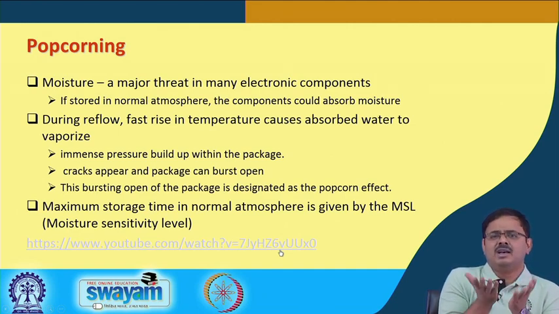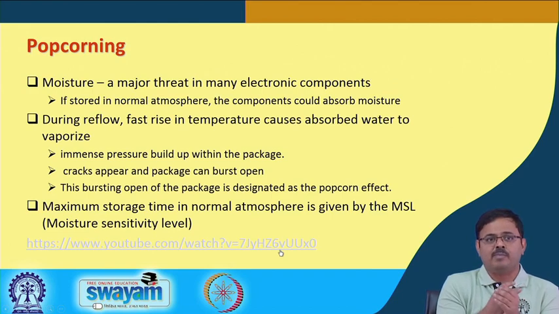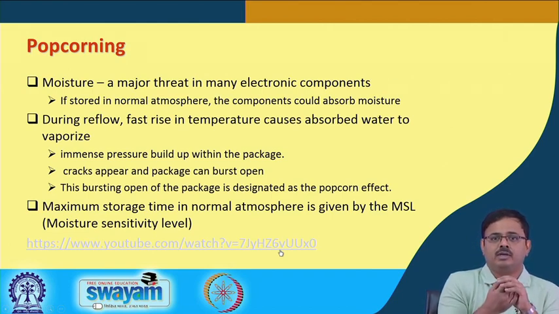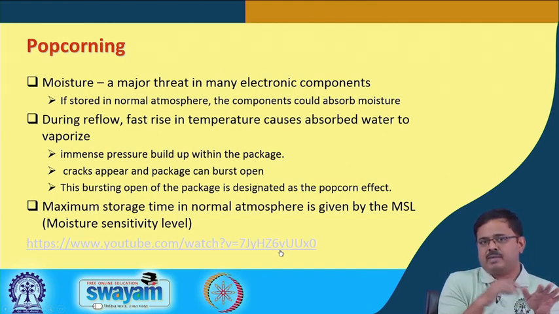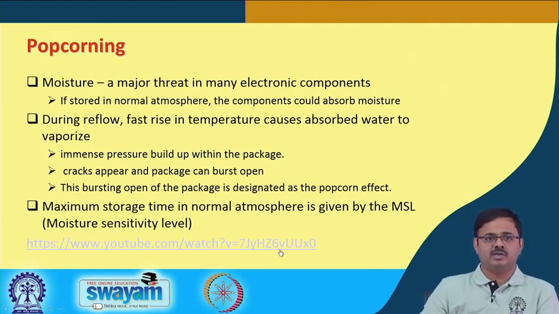If you take a simple P equals rho RT type of equation of state, as rho goes up, everything else remaining constant, the pressure has to go up. Sorry, I am sorry, as it needs to expand and it cannot, due to boiling there is a lot of increase in pressure, so I take back my equation of state argument. Okay. So, immense pressure build up within the package.